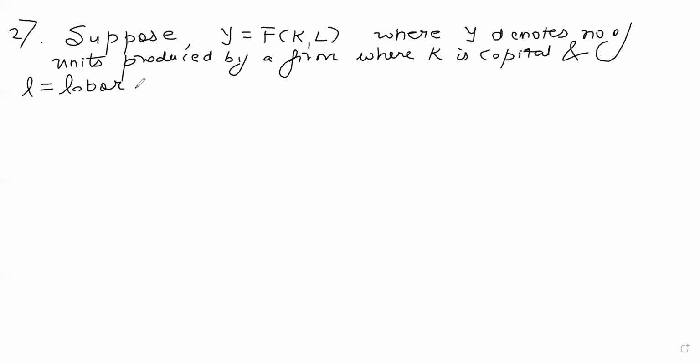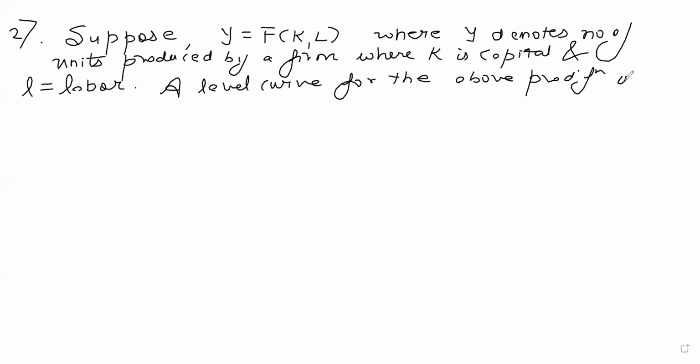So in this case, we can say a level curve for the above production function will be f of KL equal to a constant y0, where y0 is a constant.